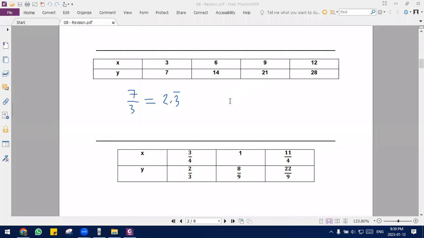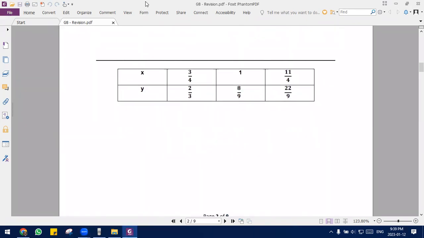So again, when you need to write y equal to kx, use the fraction. Don't use the decimal value. So y equal to 7 over 3 x. So this is the equation. And then going to the last table, we need to do y over x.